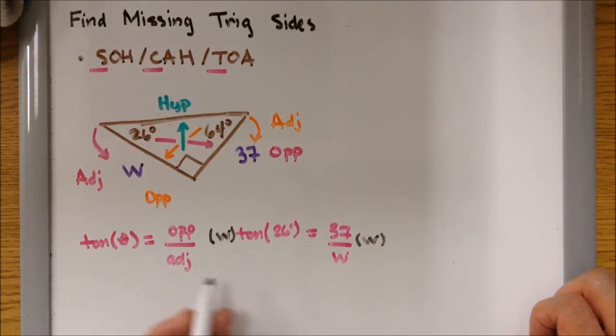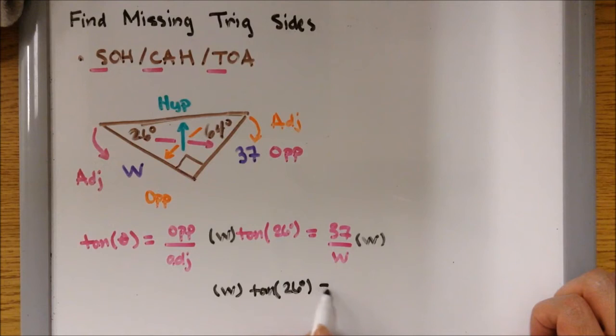So when I do that, I'm going to have W tangent of 26 degrees equal to 37.